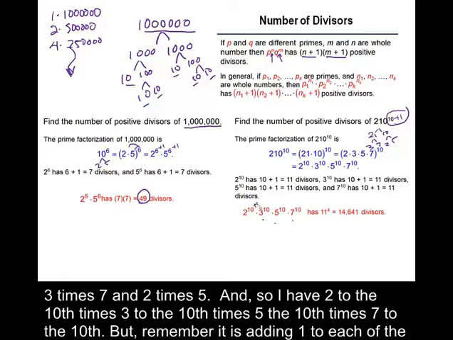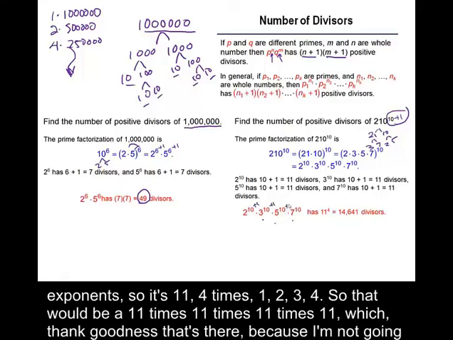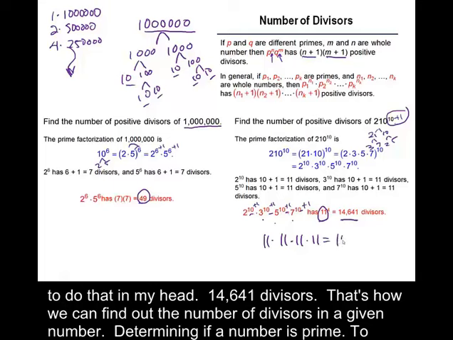But remember, it's adding 1 to each of the exponents. So it's 11 four times, 1, 2, 3, 4. So that would be 11 times 11 times 11 times 11, which, thank goodness, is there, because I'm not going to do that in my head. 14,641 divisors. That's how we can find out the number of divisors in a given number.